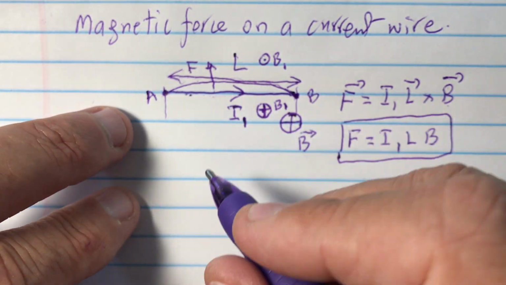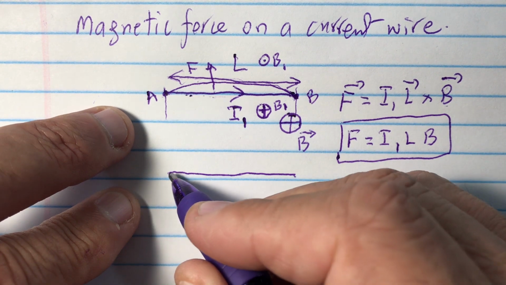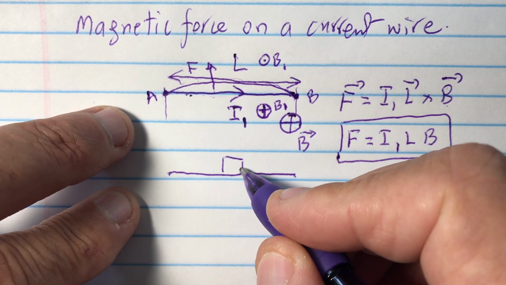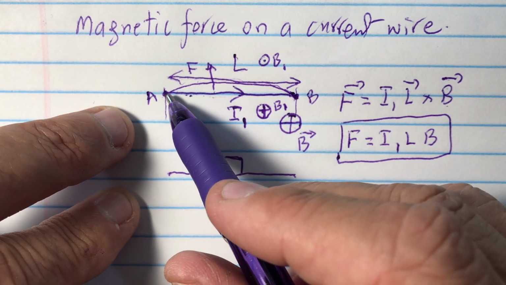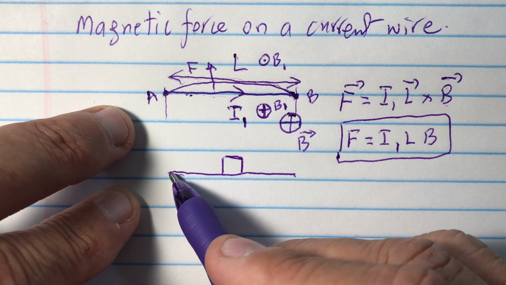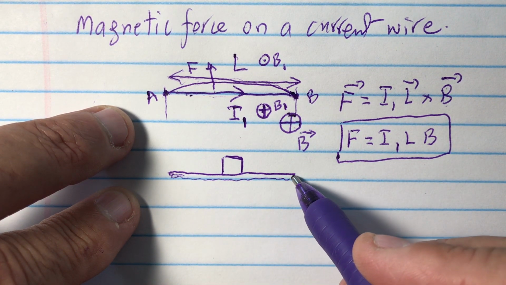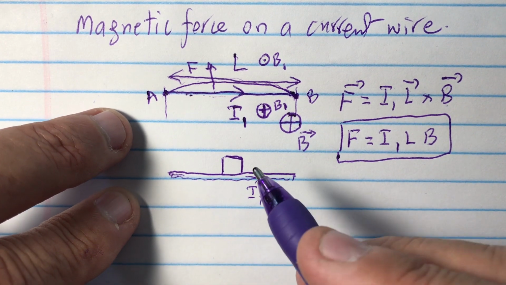So if you take this wire and put something on top of it, this thing doesn't have to be a wire. It can be a rod like this, and the current I1 is going through the rod.